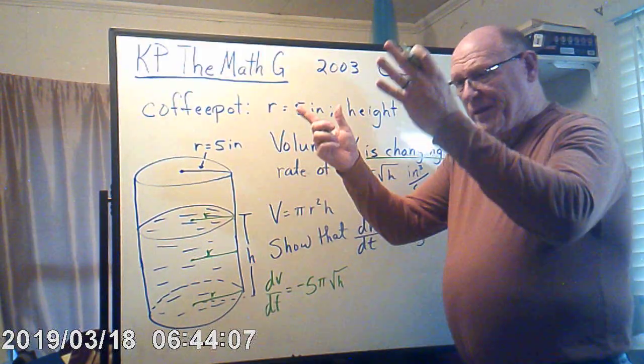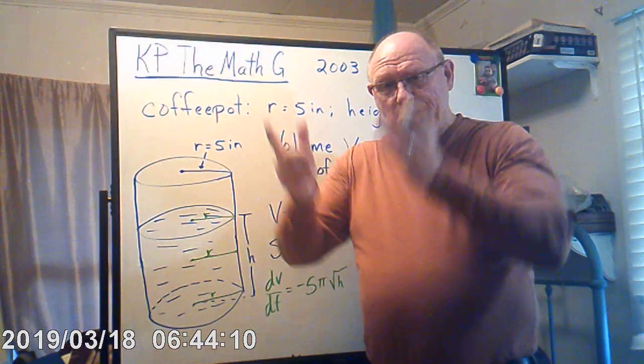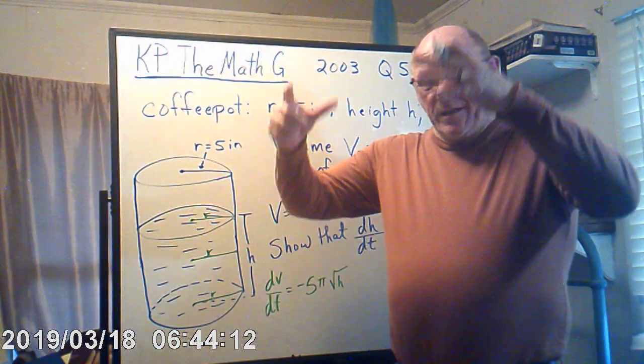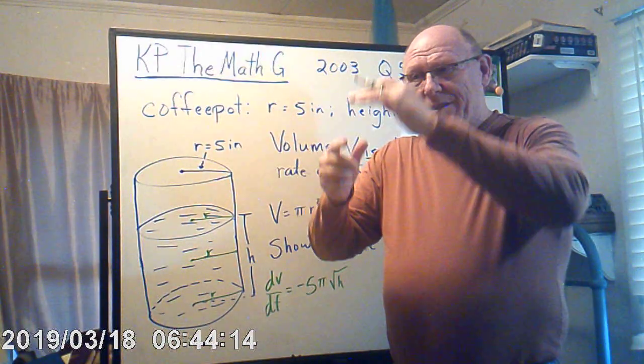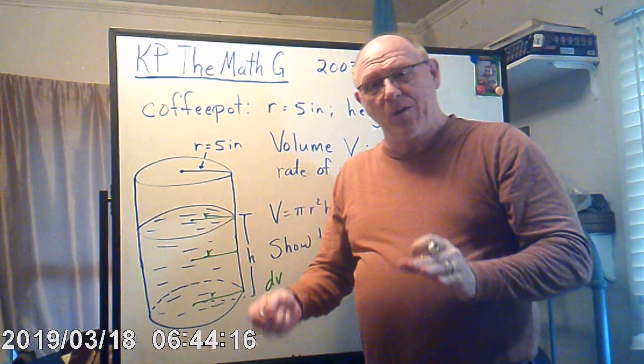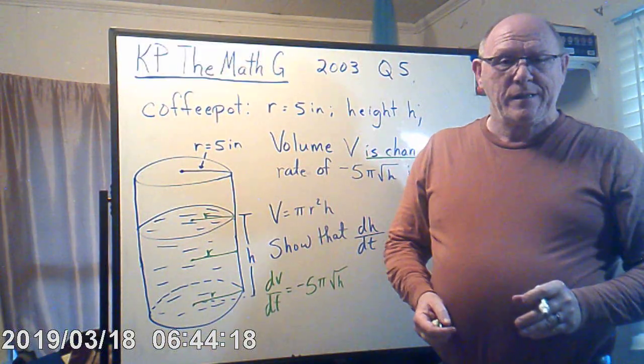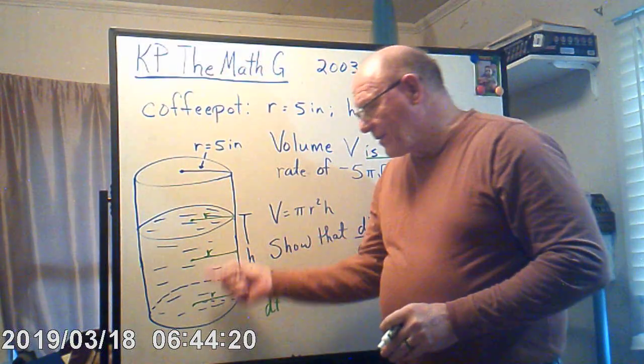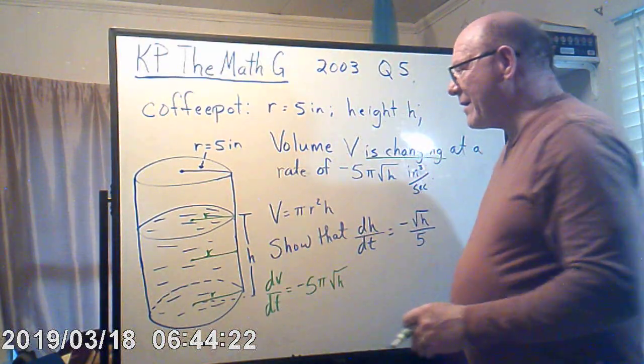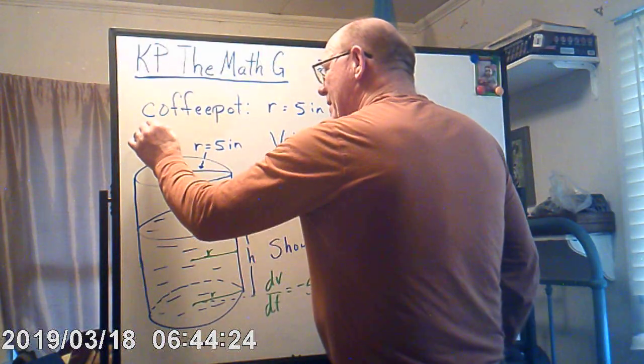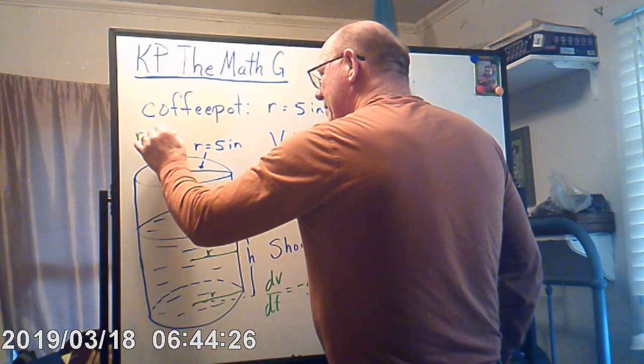No. In a cone it will, because it's conical and it's not upright or anything, so r does change and h changes, both in a cone. But in a right circular cylinder, r is constant. So we have to remember that. r is constant.